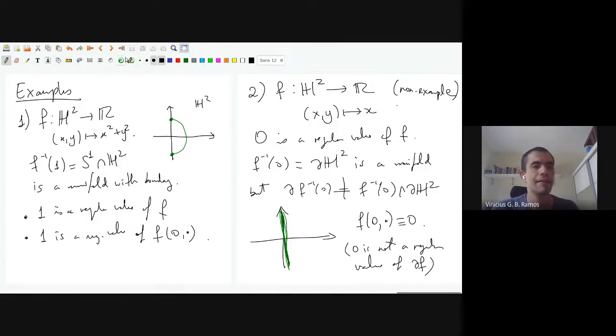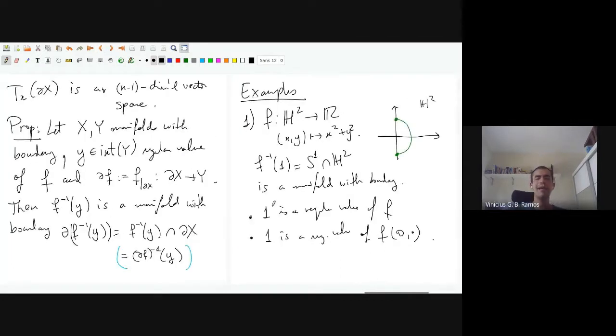Okay, so now let me go back to the proposition so we can remember what it says so we can prove it. It says, if you take a regular value y in the interior of Y, that's a regular value of f and of the boundary of f, then the preimage of y is a manifold and the boundary is the intersection with the boundary of X. Okay.